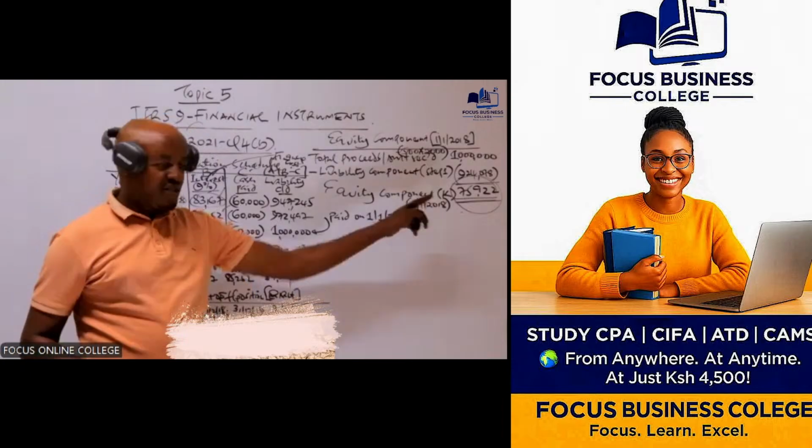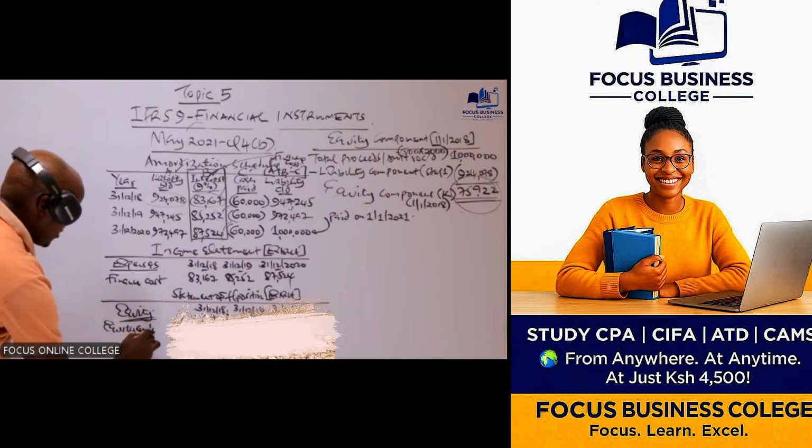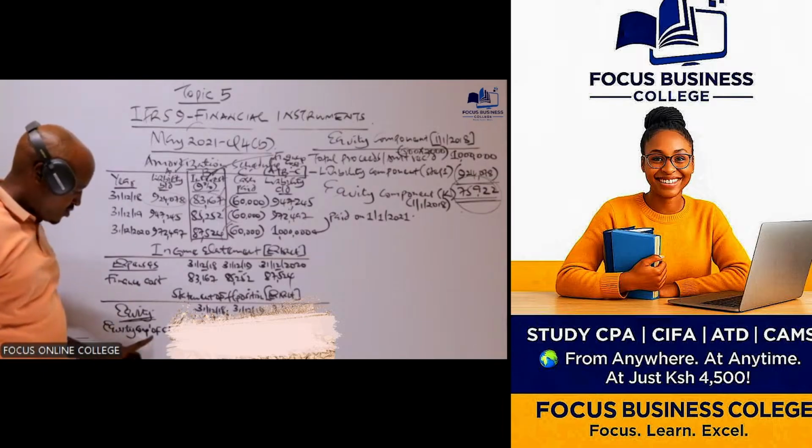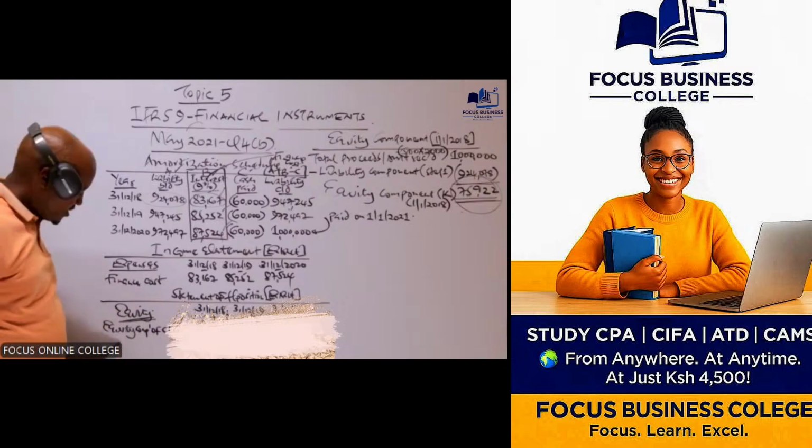That's why we said it remained constant. So under equity, the company was supposed to recognize the equity component of the convertible loan notes. Make sure you write that in full.